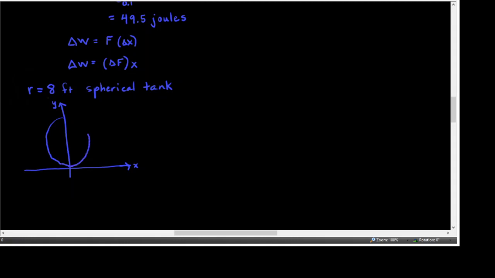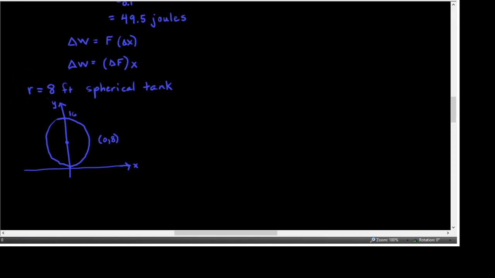Now I could have put the center of the sphere at the origin, but that would have made this a little bit harder to work with. So pretend like that's a sphere. What are the coordinates of this point right here, if the sphere is resting at the origin on the ground? Well, I hope you said 0, 8 and not 0, 4, because remember, the radius is 8, not the diameter. And so the point at the top, of course, is at a level of 16.